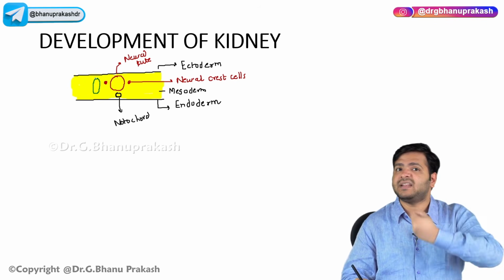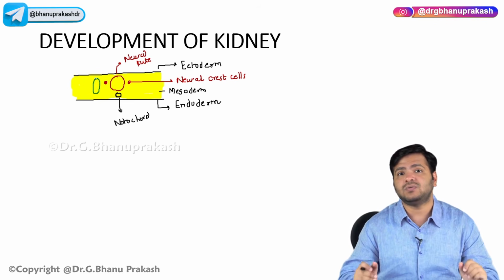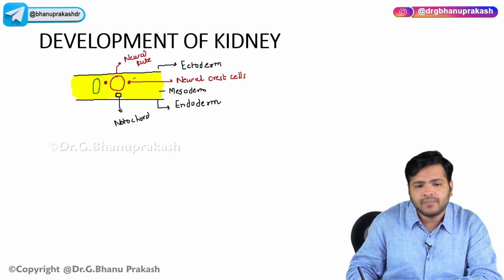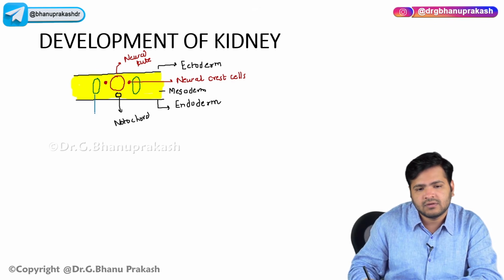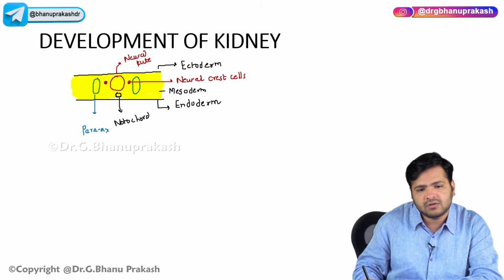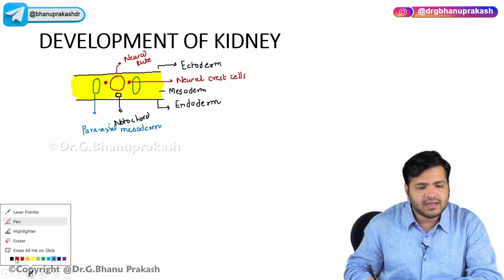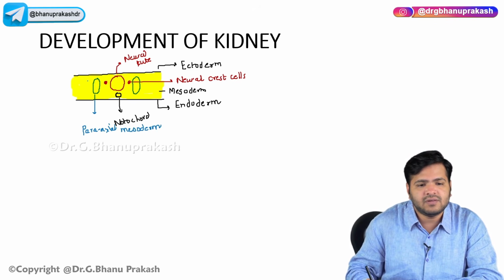Axial means midline. It is just on the sides of the midline. That's why it is called the para-axial mesoderm.